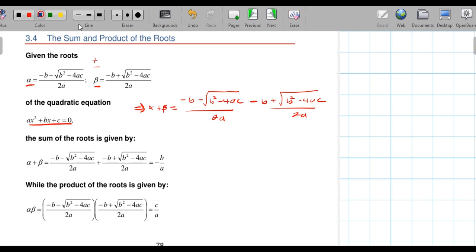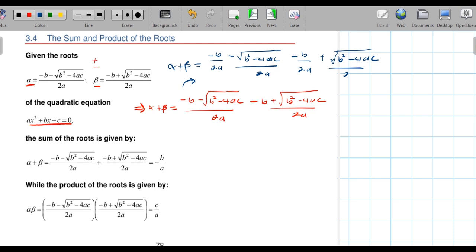To cut this short, alpha plus beta is going to be equal to, we can split this out to have minus b over 2a minus square root of b squared minus 4ac over 2a, and then minus b over 2a plus square root of b squared minus 4ac over 2a.